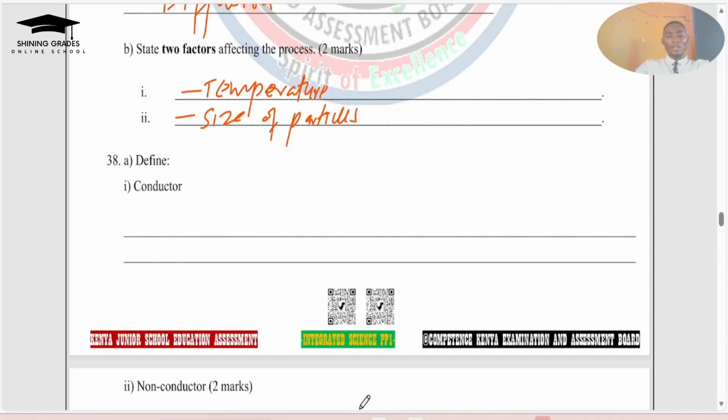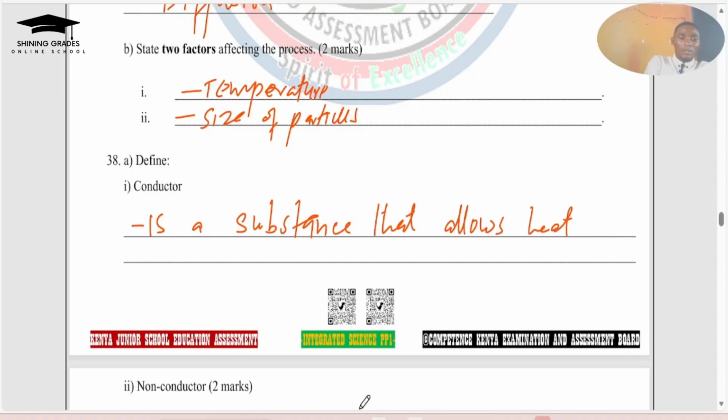Define conductor. Conductor is a substance or material that allows electric current or heat to pass through. That's what you call a conductor.